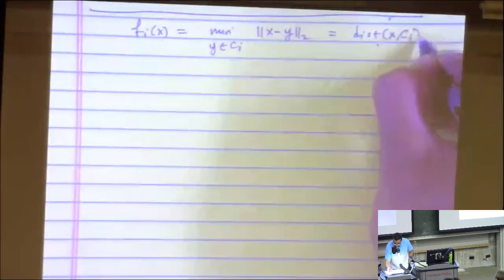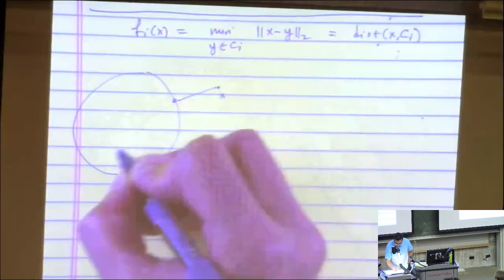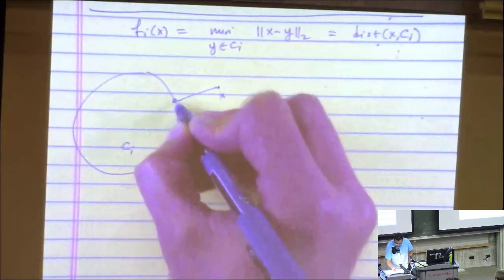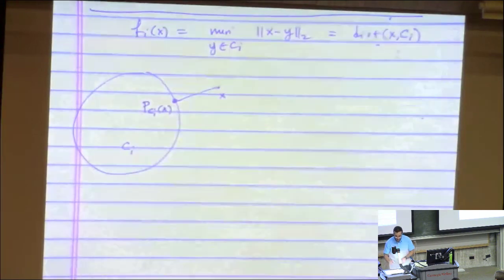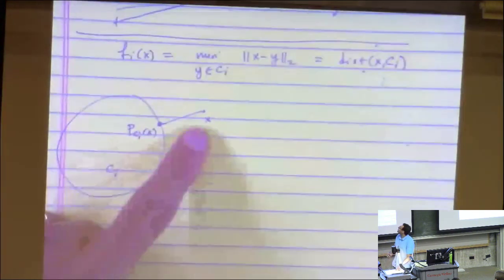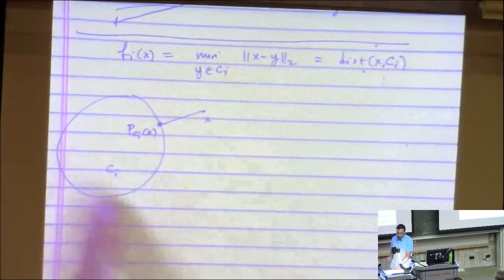The ith set looks something like this. This might be x, and we'll call this the projection onto C_i of x. It is the value of y that minimizes the distance between x and y over all points in the set.